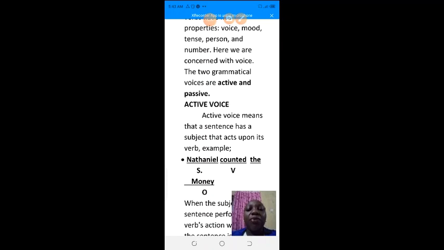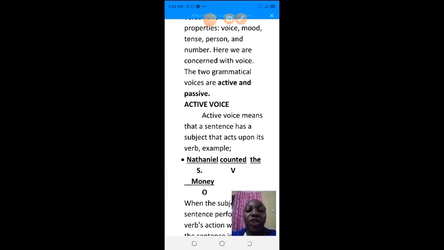Here we are concerned with the voice in which the verb is used. A verb can be used in the active voice or in the passive voice. A verb can be active or passive in a sentence. When a verb is in the active voice, it means that the sentence has a subject that acts upon its verb.